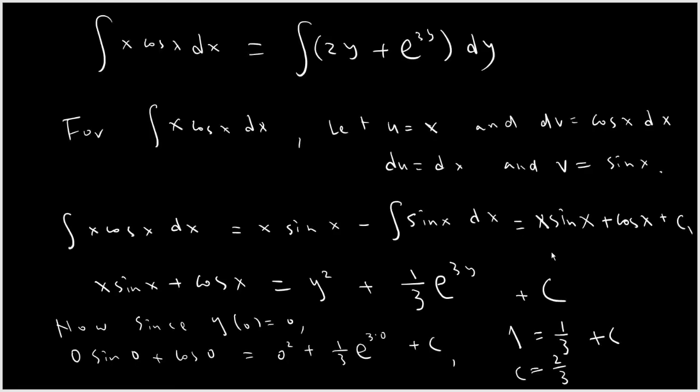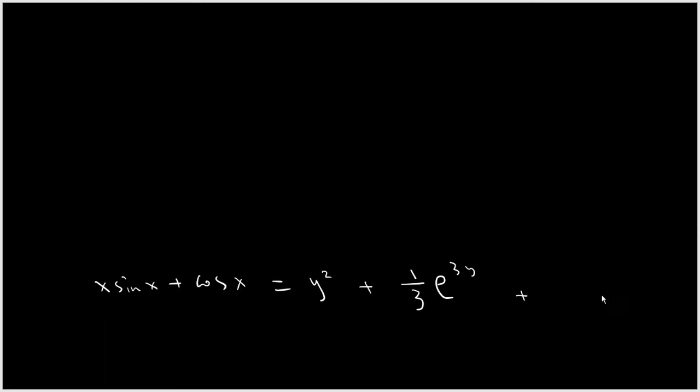I forgot c already. 2 over 3. You replace c with 2 over 3. Okay. For this one, again, it's not very possible to solve for y. I'm trying to say it's not quite possible to write y in terms of x. You can stop here.